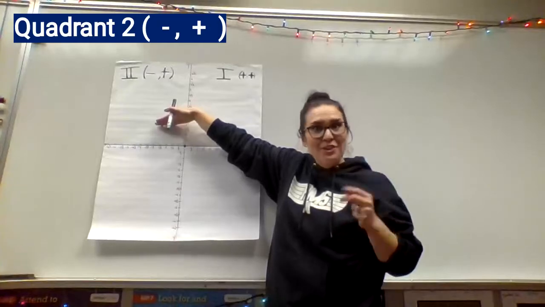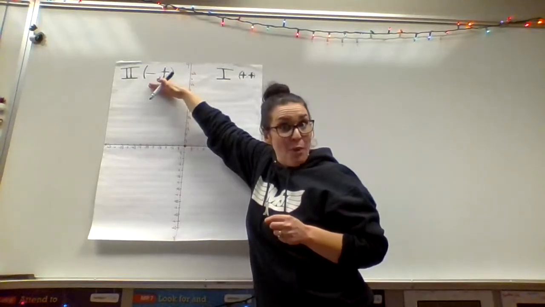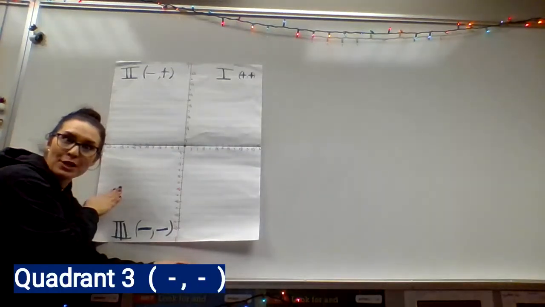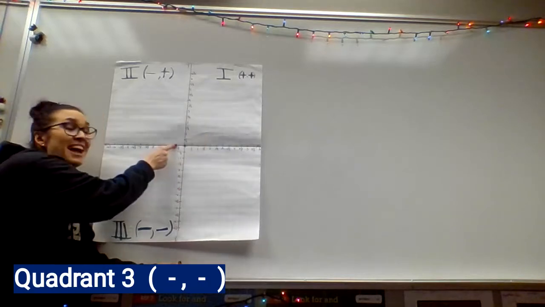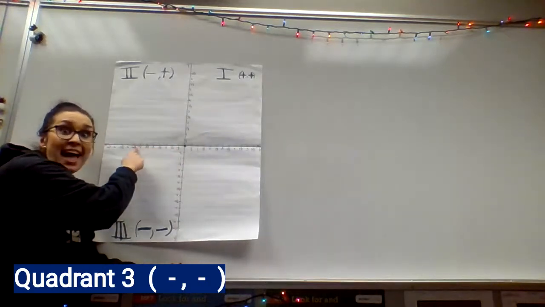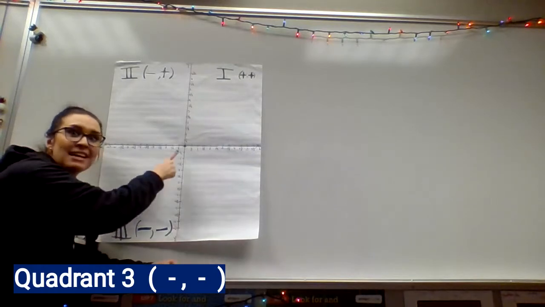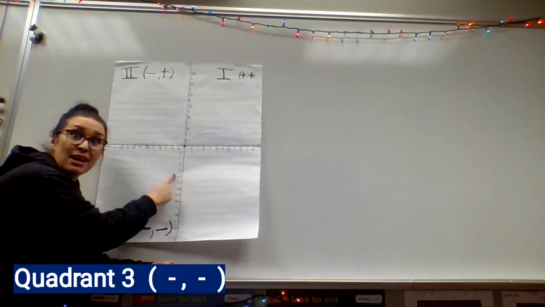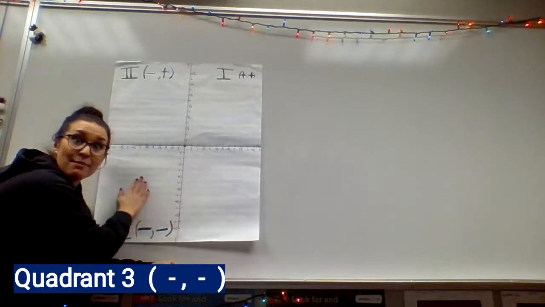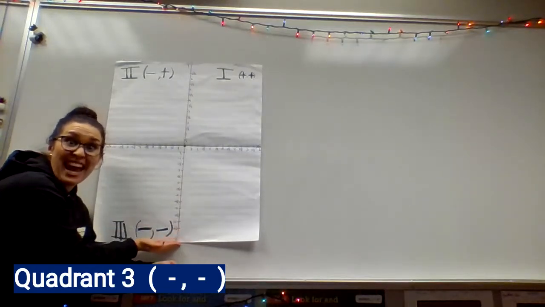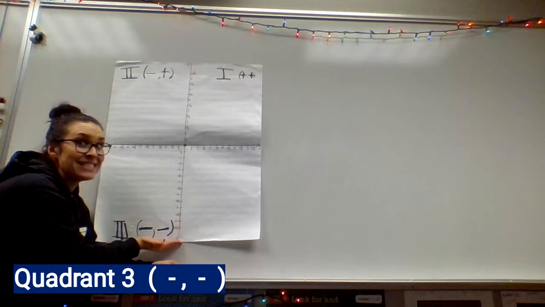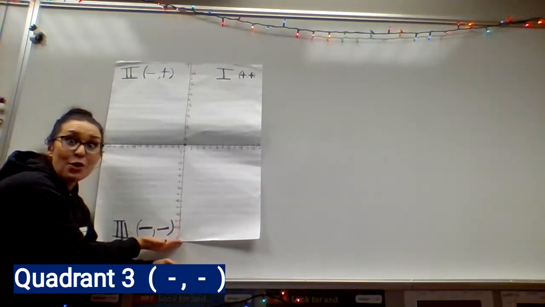So quadrant 2, negative x, but a positive y. All right, over here in quadrant 3, notice we still have that same negative x, just like we had in that second quadrant, but instead of riding the elevator up, I'm now going to ride this elevator down. So again, my friends, in quadrant 3, we have a negative x and a negative y coordinate, right?